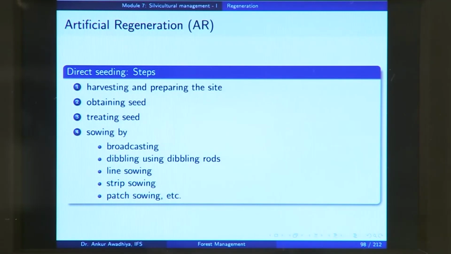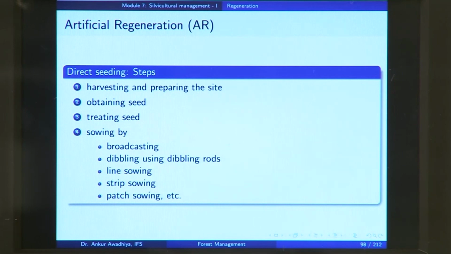So, artificial regeneration can be done by direct seeding, in which case you are putting the seeds in this area. So, what are the steps? One, you harvest the area and prepare the site. Harvesting the area is cutting out the earlier generation of trees. So, you have harvested them out for timber and then you prepare the area. What do we mean by preparing the area?